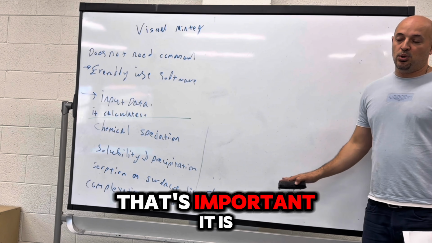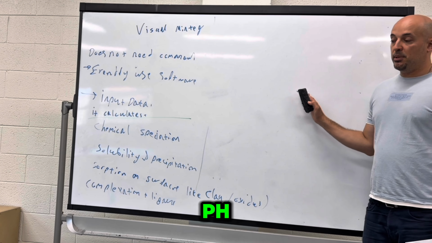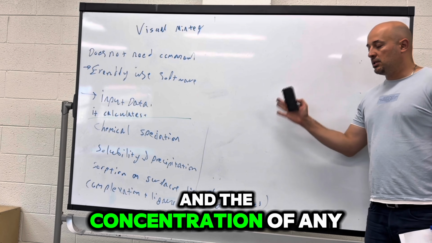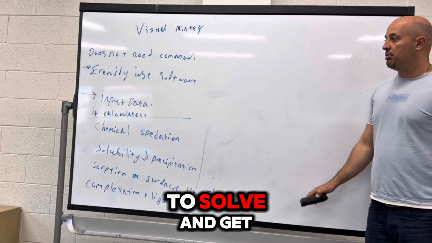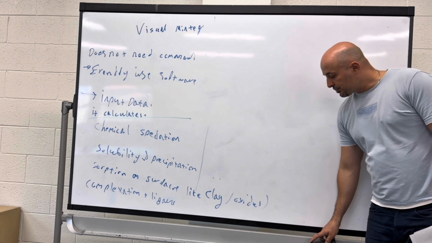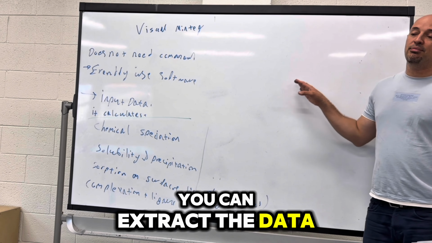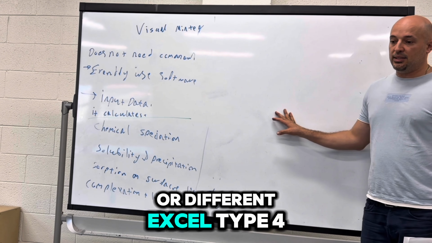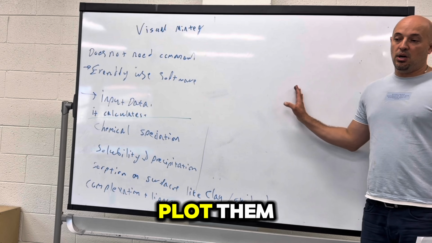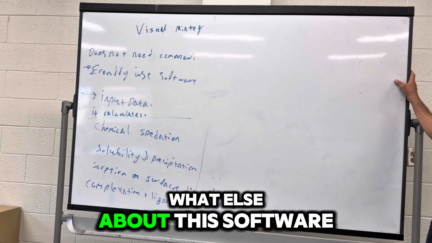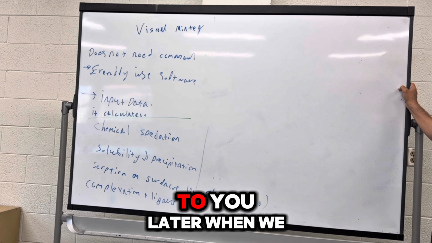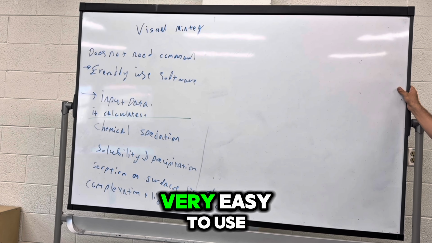That's important. There are some parameters like pressure you can give, pH, and the concentration of any other ions, and I will give you an example to solve and get the data. You can extract the data as CSV or different Excel type forms, and you can plot them. What else about this software? I will explain to you later when we install it. Very easy to use.